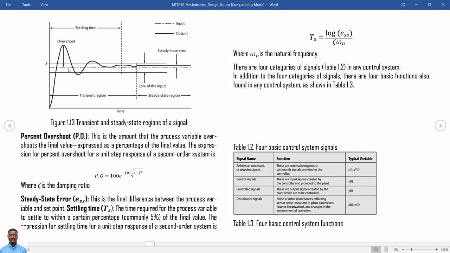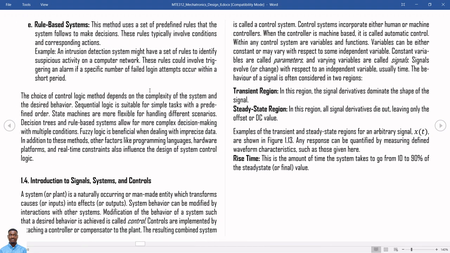This is where the derivative of the signal dominates the shape of that signal, and this is the region where the derivative has already died out, and only the DC value forms the shape of your signal behavior.